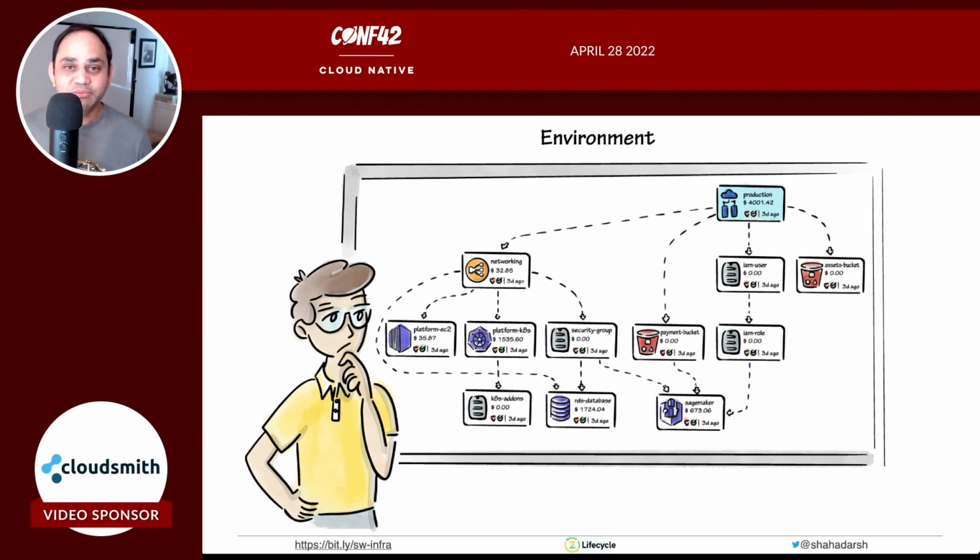Let's say you have SageMaker. Let's say you have Kubernetes clusters and S3 buckets and all that. With existing tools, you know there is still a long way, a long road ahead in improving developer effectiveness with infrastructure as code. And that becomes painful.